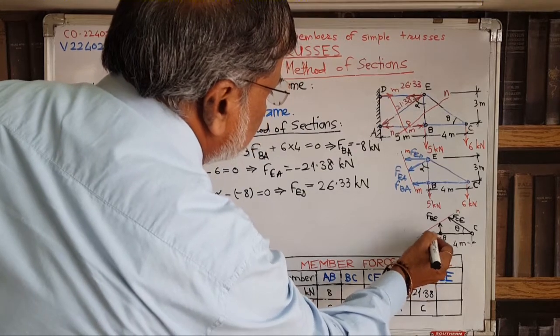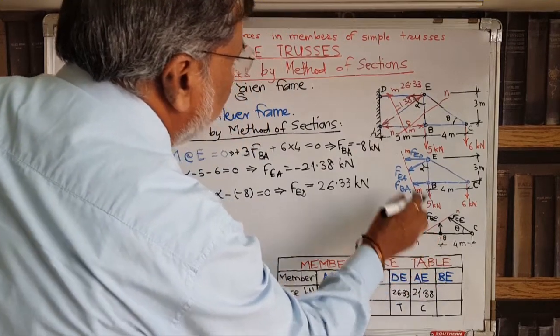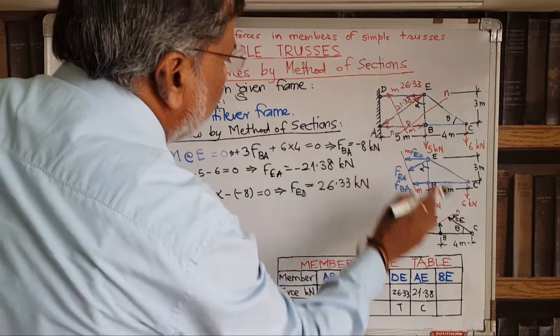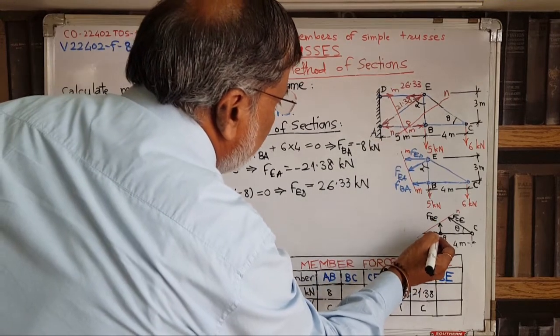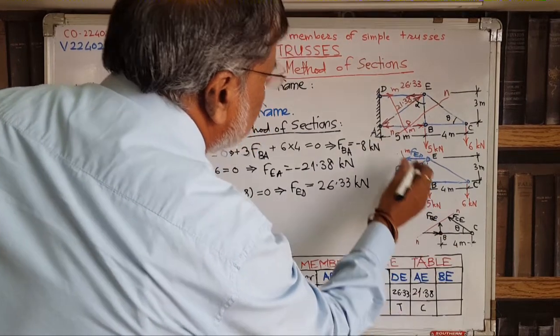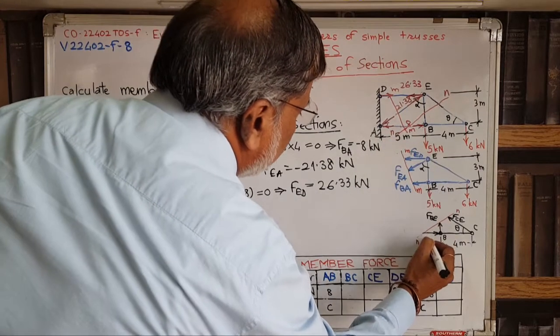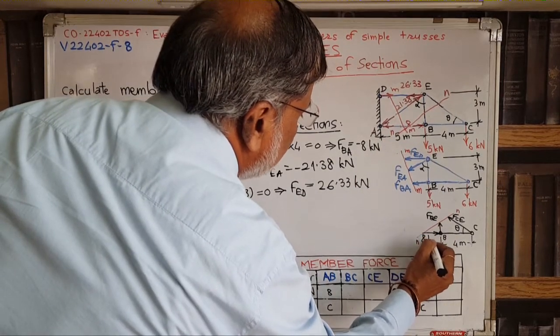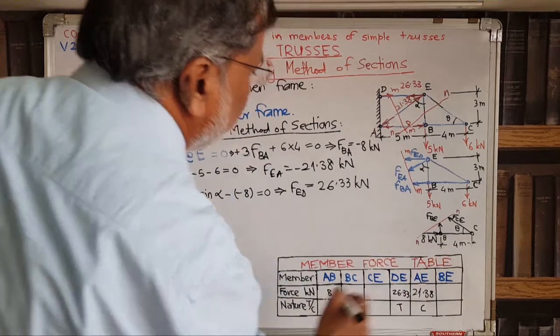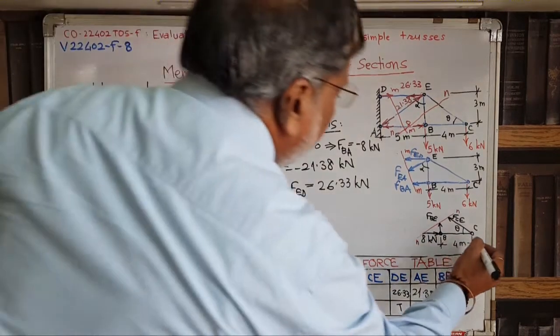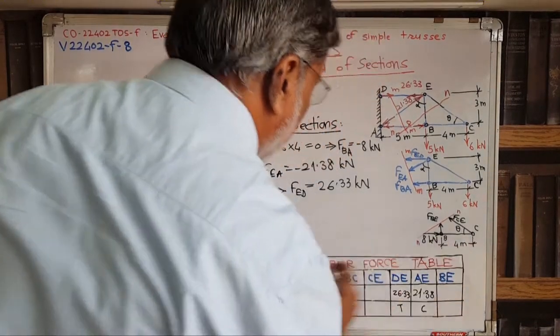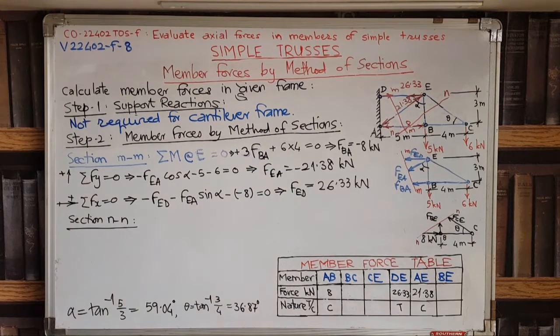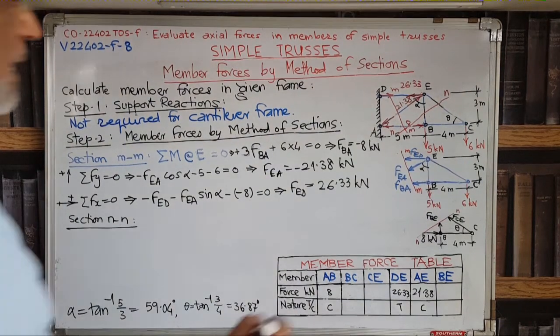This is cut, but its direction is known. It is shown here by red arrow. So that direction will have to be maintained. So it is like this, and its magnitude is 8 kilonewton. So this is as good as a normal 8 kilonewton force. So these are the cut forces or cut member forces. But we know that there are externally acting forces also.